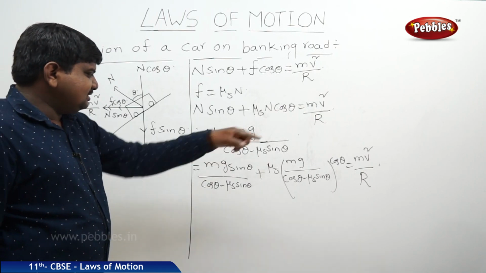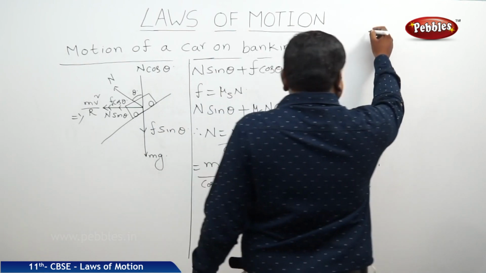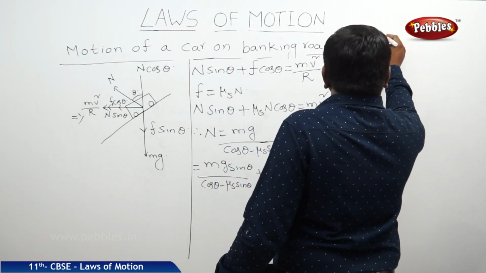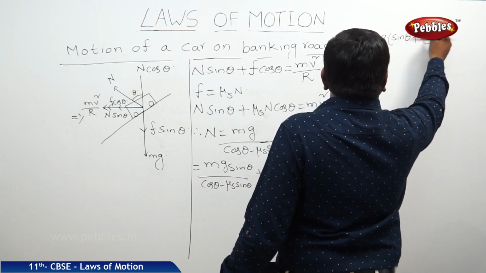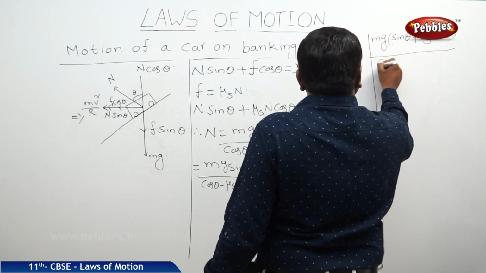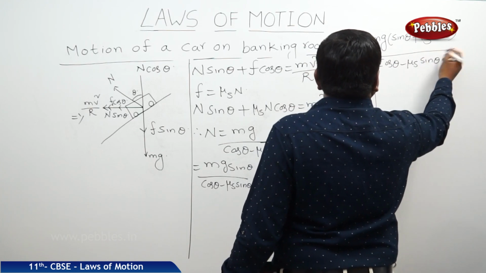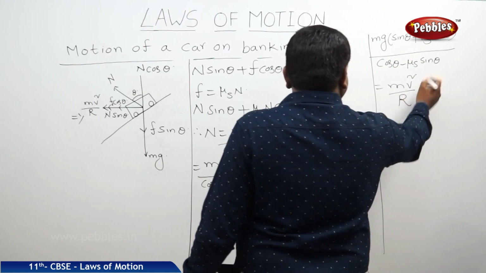So this will be mg sin theta plus mu s mg cos theta, that is, mg of sin theta plus mu s cos theta by cos theta minus mu s sin theta is equal to mv square by r.